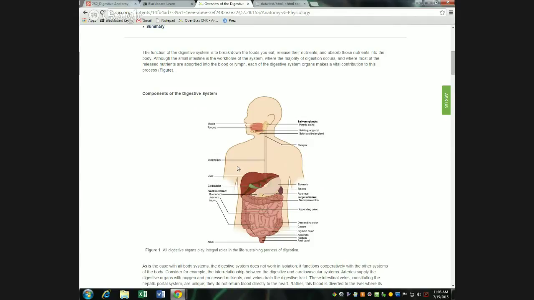In talking about the components of the system, there's basically two groups of organs.